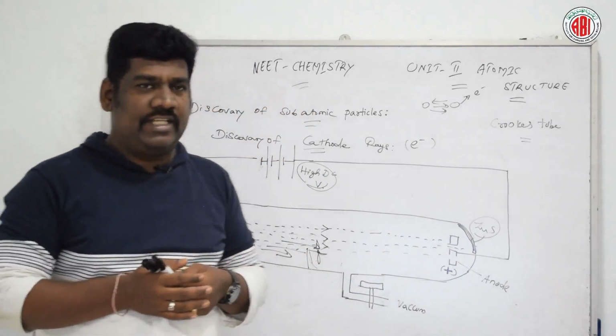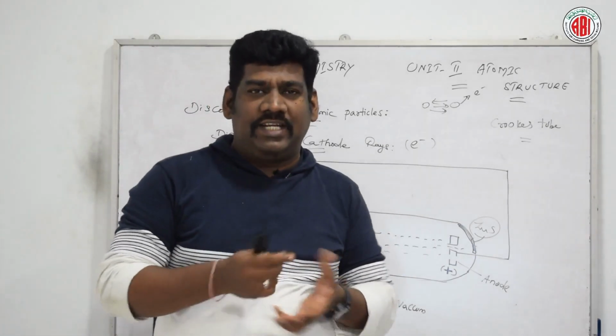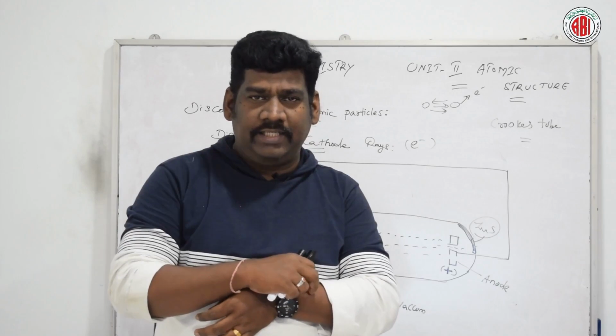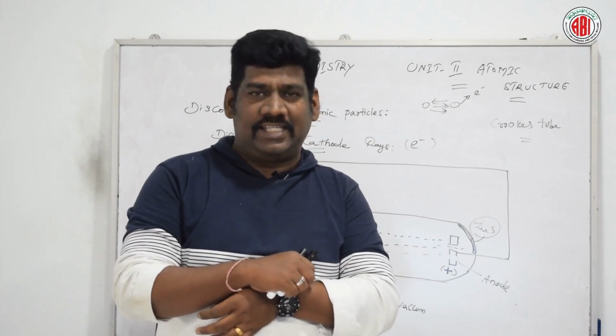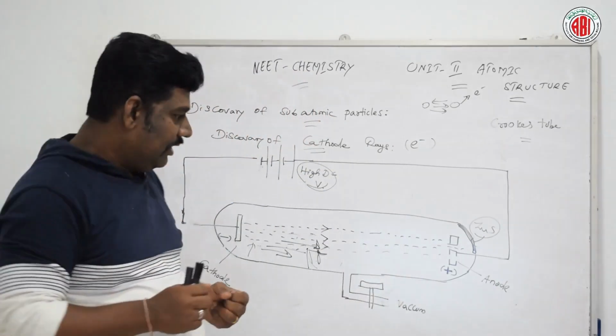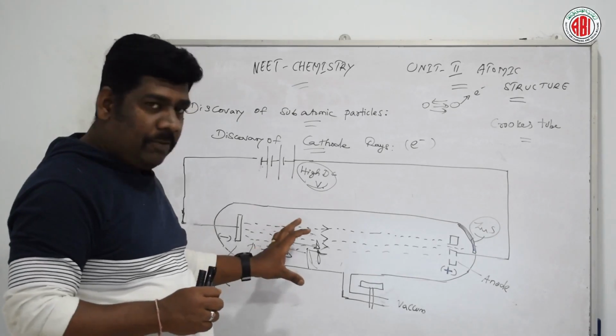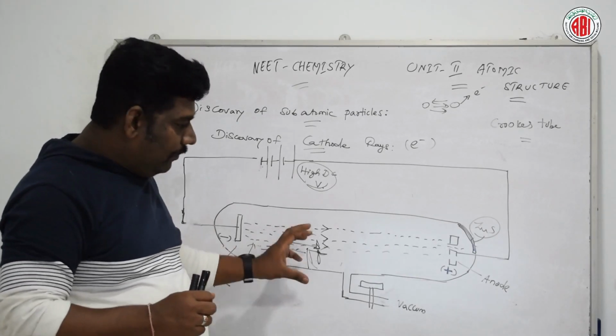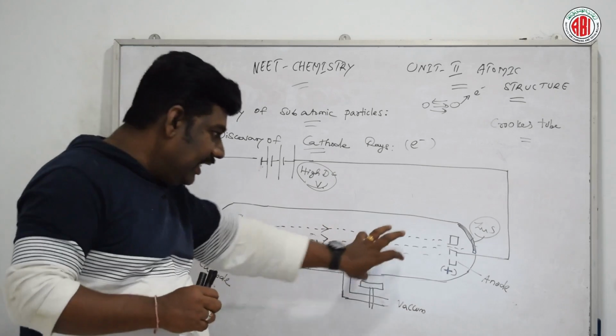These rays consist of electrons which are produced by the ionization of gases. We know that already, because these rays are produced because of the low pressure gas present in the glass tube.